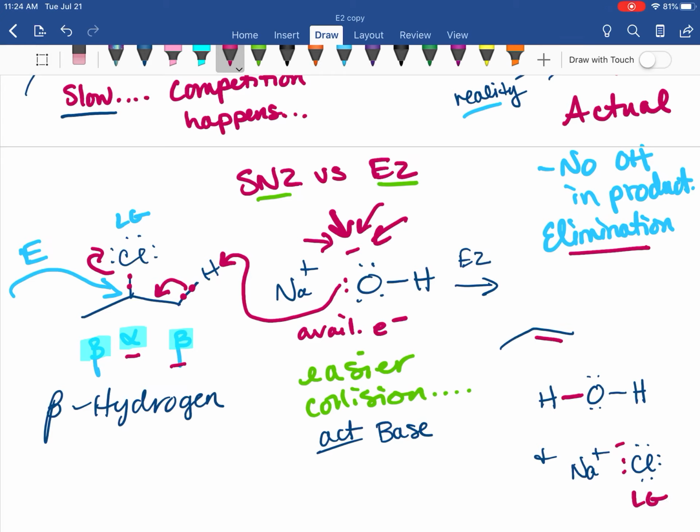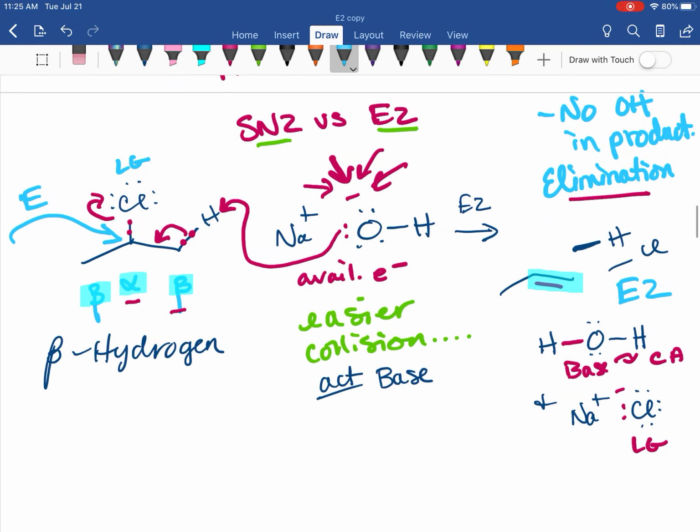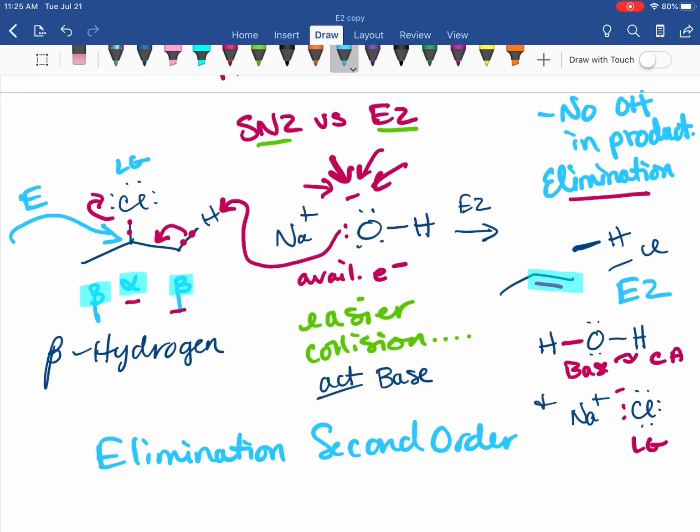We still lost our leaving group as that Cl minus. So here's your leaving group. Now this would be your base turned into its conjugate acid. And here is your elimination. Do you notice you just eliminated a hydrogen and you just eliminated your leaving group? So that's why this is called an E2, elimination, second order.